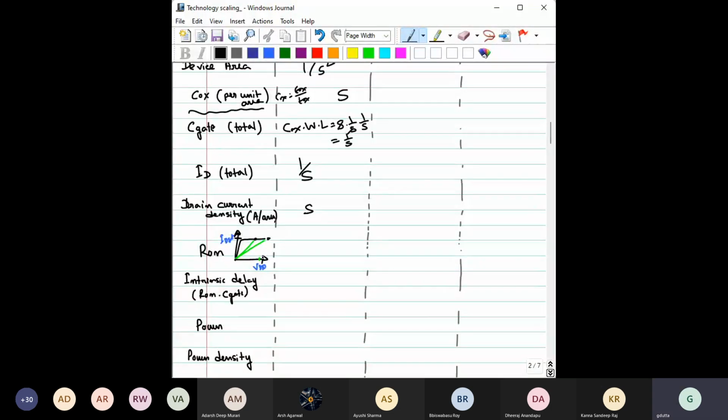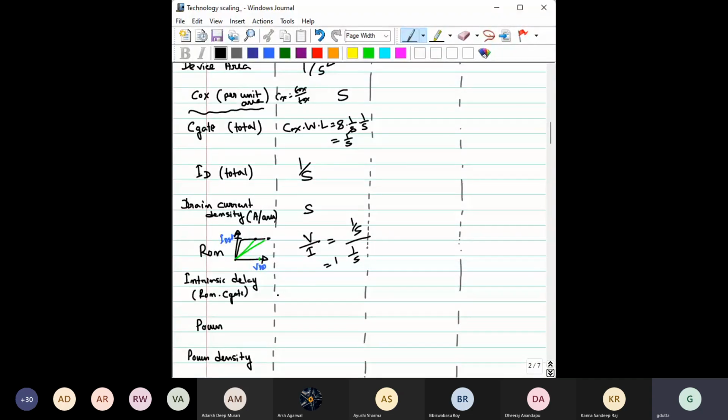Resistance is V by I. So V is changing by 1 by S, and I is changing by 1 by S. So R1 has remained the same.